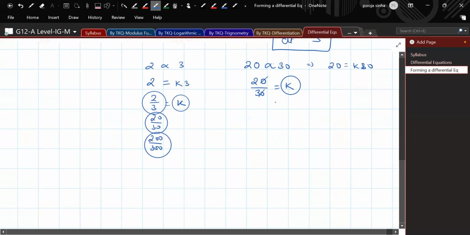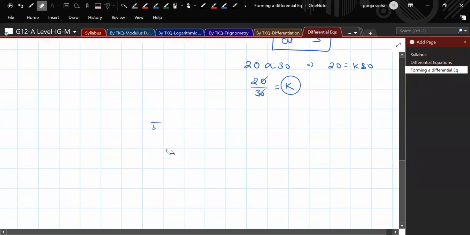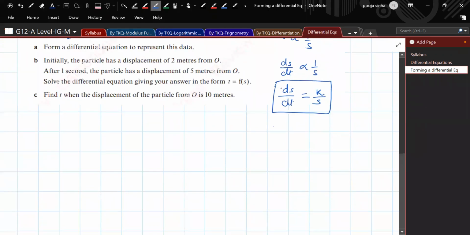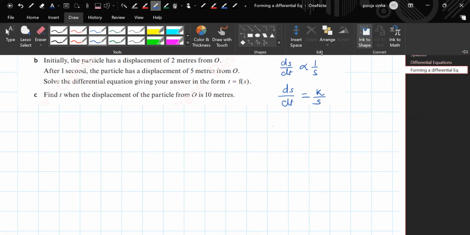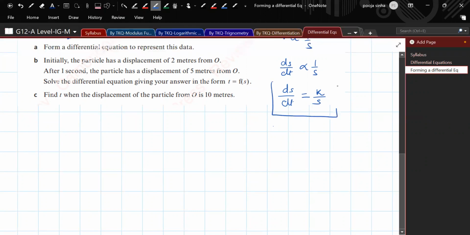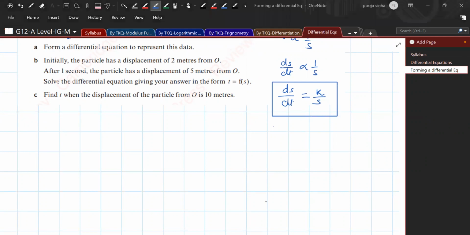So that is the reason why whenever we write proportionality, we put an equal to, and we say that there is a constant, and that constant we consider as k. Got the point now? So it's a rule. Whenever you change a proportionality sign, you always put a k. You remove the proportionality and you put a k and an equal to.